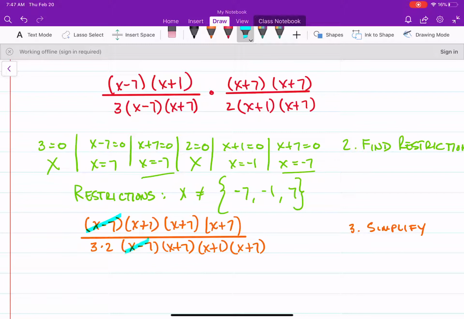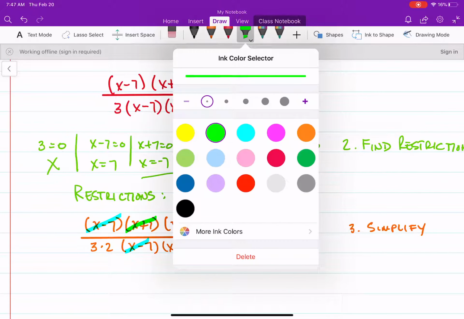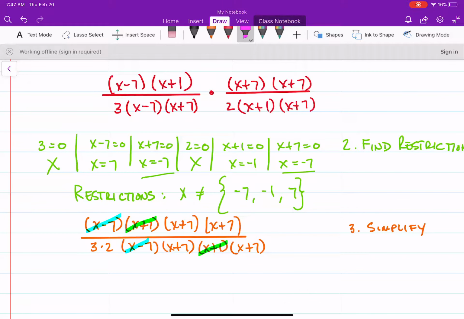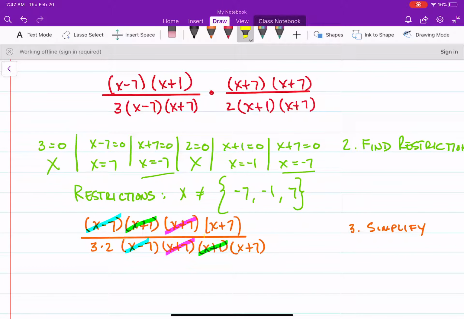Yes. Is there x plus 1? Yes. Is there an x plus 7? Yes. Is there another x plus 7?